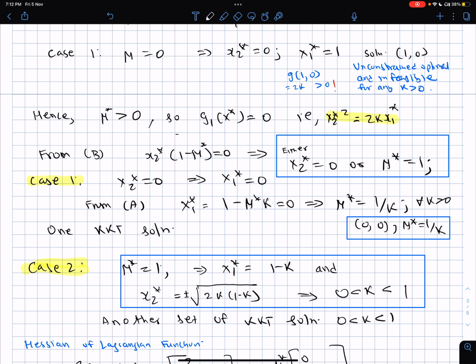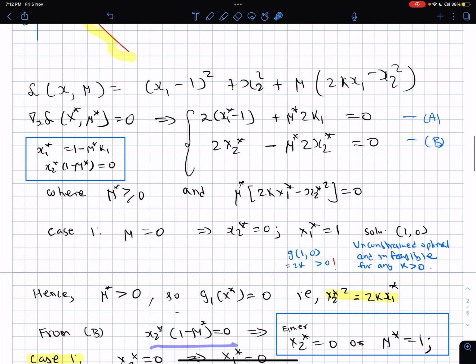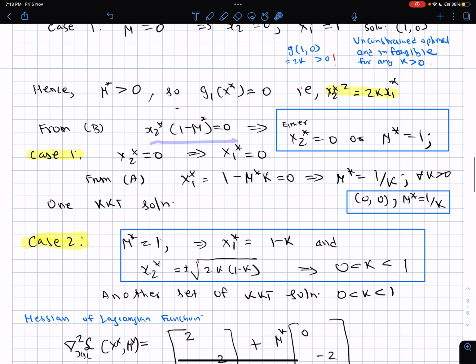Now let's again come back to this requirement here. We had derived that x2 star into (1 minus mu star) should be equal to 0. So this tells you either x2 star is 0, in which case this goes to 0, or mu star should be 1, in which case also this goes to 0.